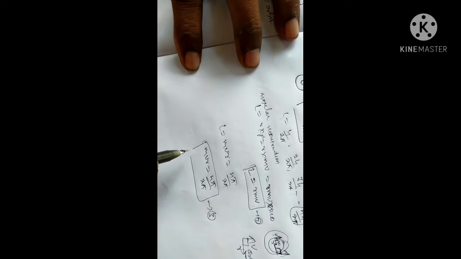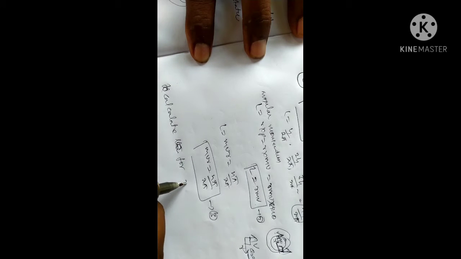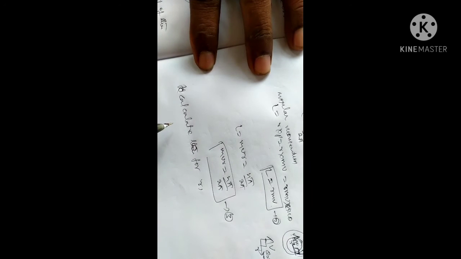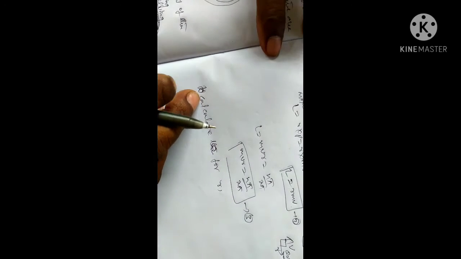Okay, now we can calculate the radius R. According to the Rutherford model, the centripetal force is provided by the electrostatic force.